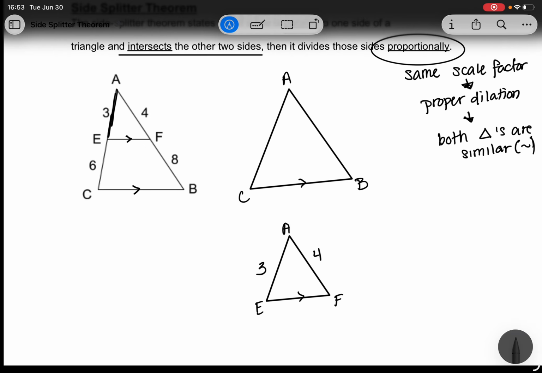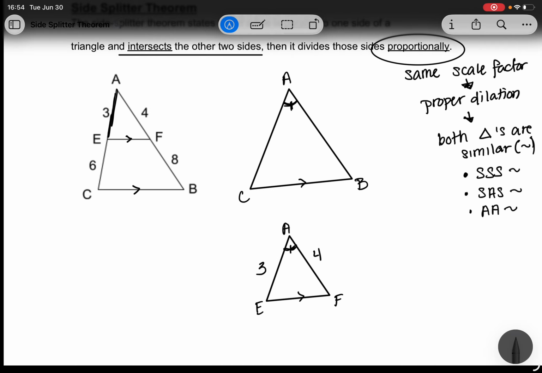Side-splitter theorem always needs two lines that are parallel. We also know that angle A is congruent to angle A, which will help us later when we're trying to figure out our theorems, like side-side similarity, side-angle similarity, or angle similarity.